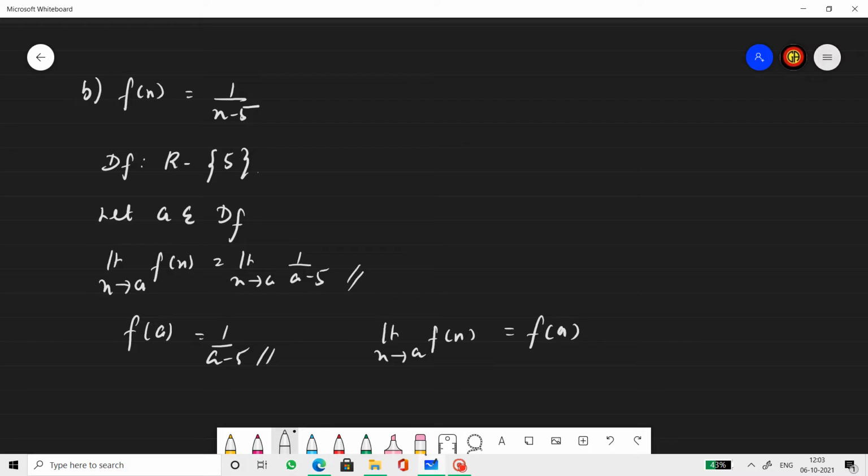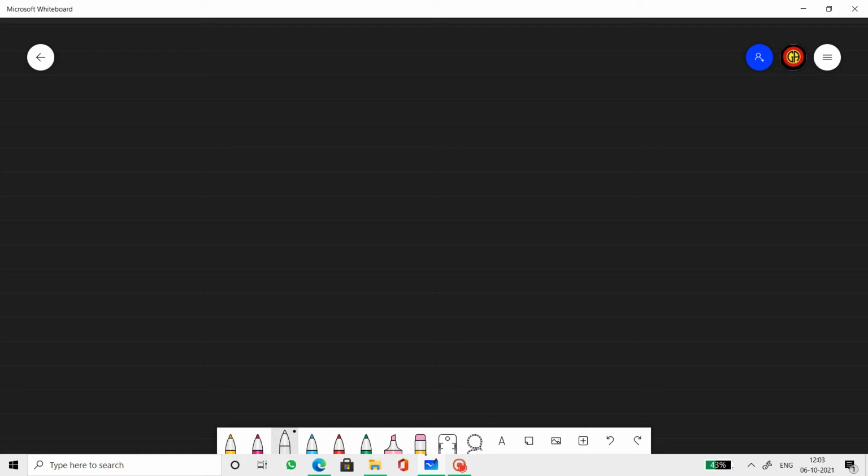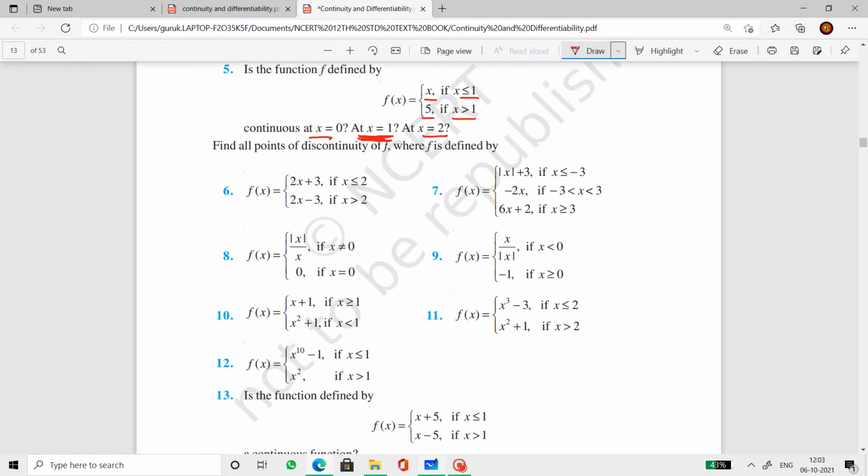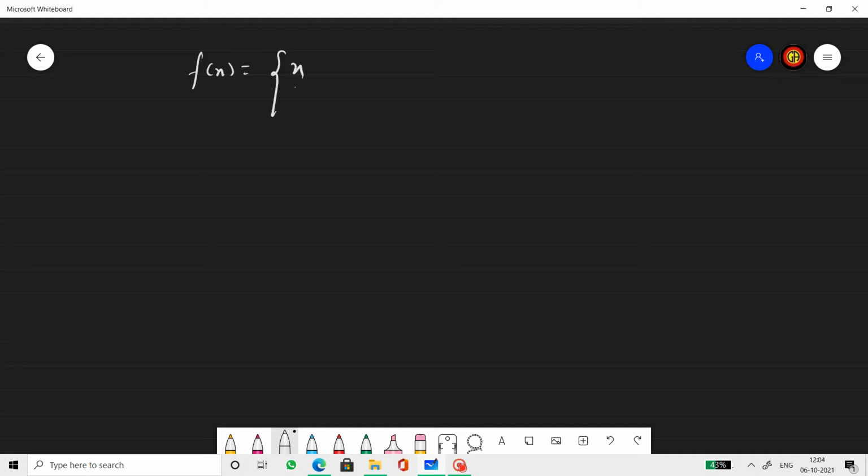Okay, let me clear this. f of x is equal to x when it's less than or equal to 1, and it's 5 otherwise. Let me just show for 1 first. So I'm going to do for 1.